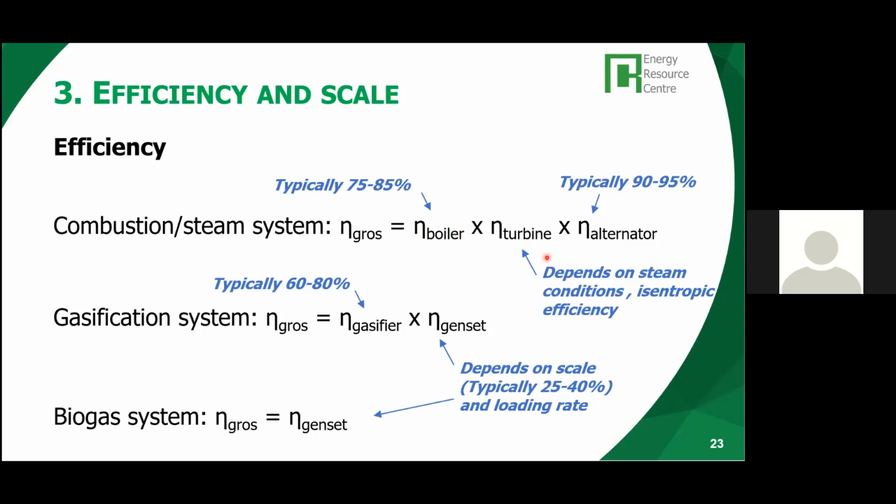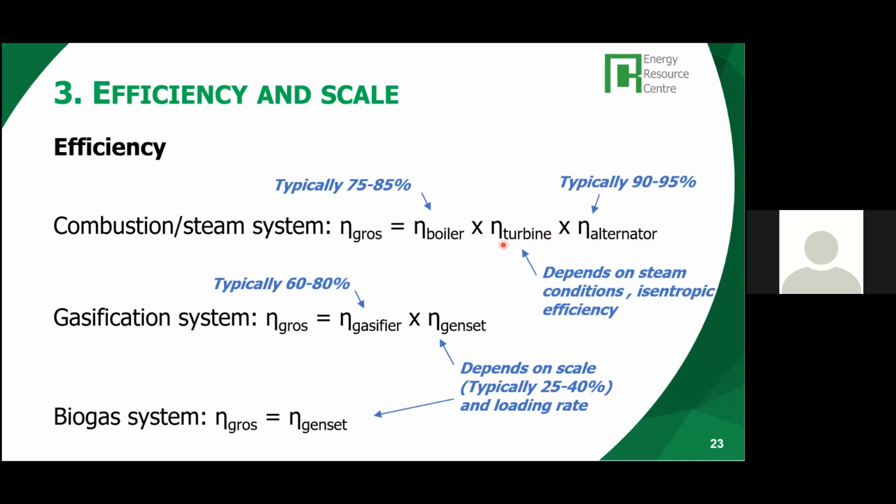Then we have the turbine efficiency, which is the extent to which the turbine can convert the heat in the steam to mechanical power, shaft power. And then we have the alternator efficiency.